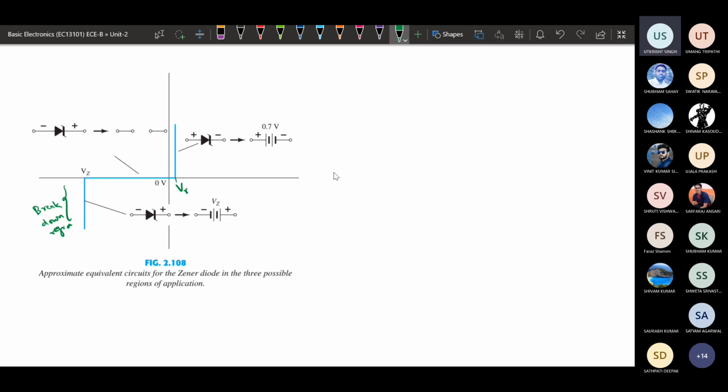Once this Zener diode is having minimum current, the minimum power dissipation by the Zener diode, PZ minimum, will be equal to VZ multiplied by IZ minimum. Some minimum current will be flowing through this Zener diode, and the minimum power dissipation will be given by VZ multiplied by the minimum current flowing through it.